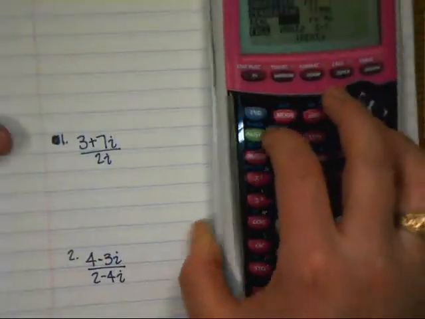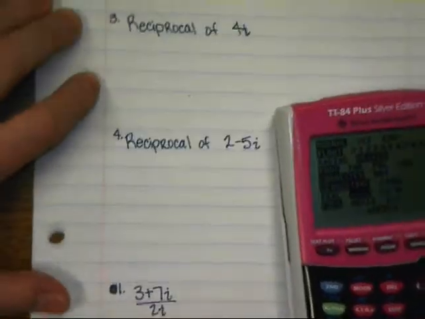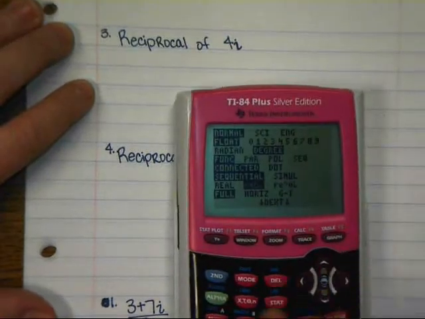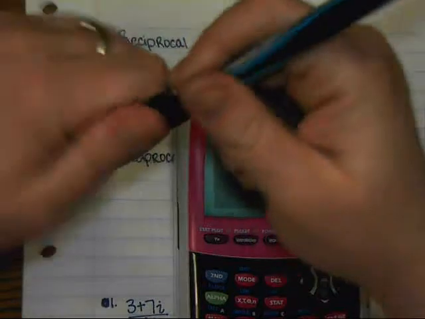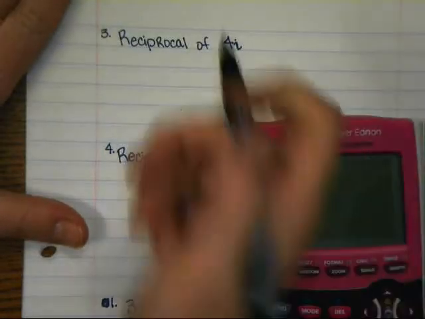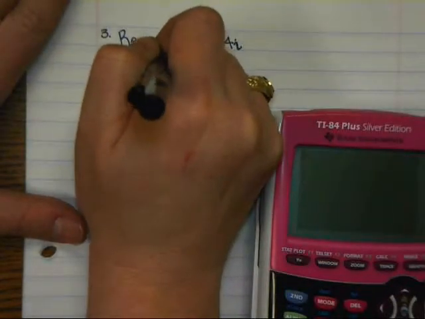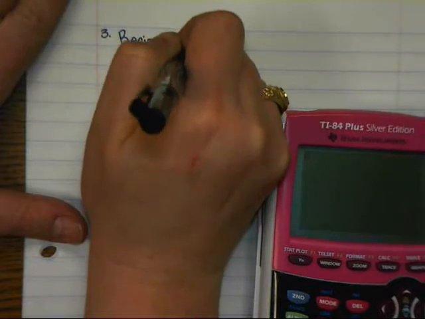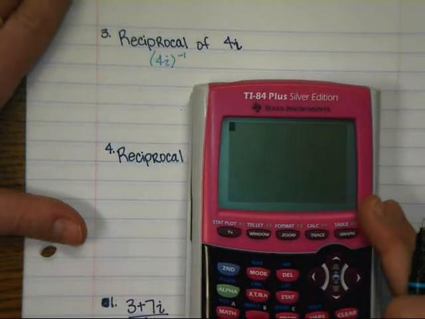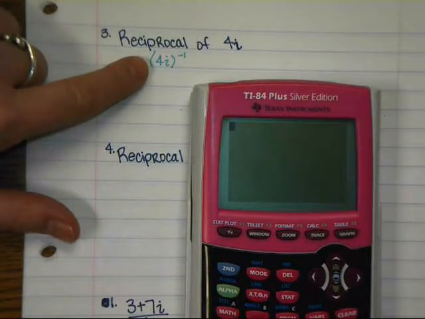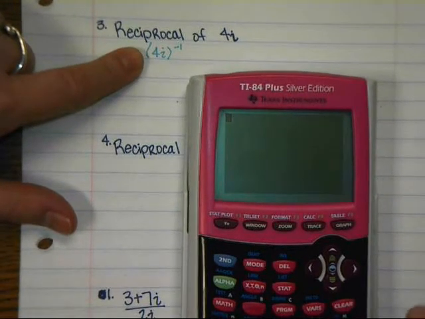So I want you to look at finding the reciprocal of 4i. So I'm going to get out of this screen. When we're told to take the reciprocal of a number, we know from math that that is that number to the negative 1 power. So I'm going to put my 4i into parentheses. So 4, your i is above your decimal point, so hit second decimal point.